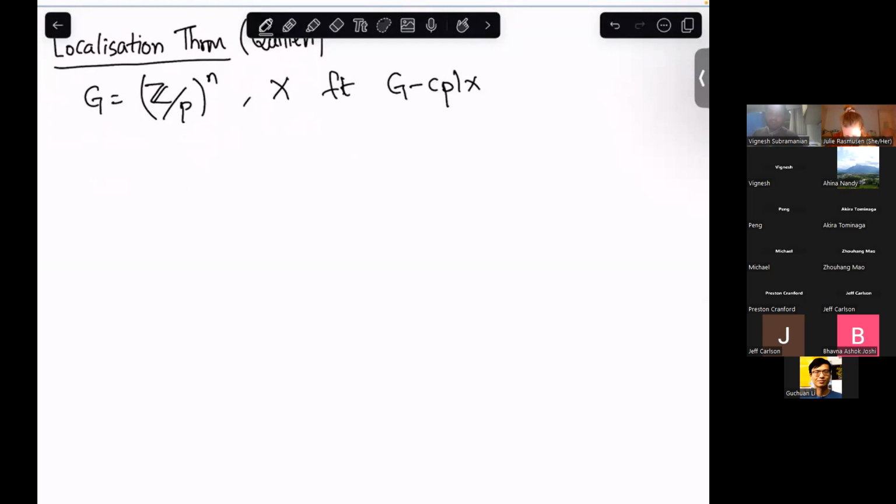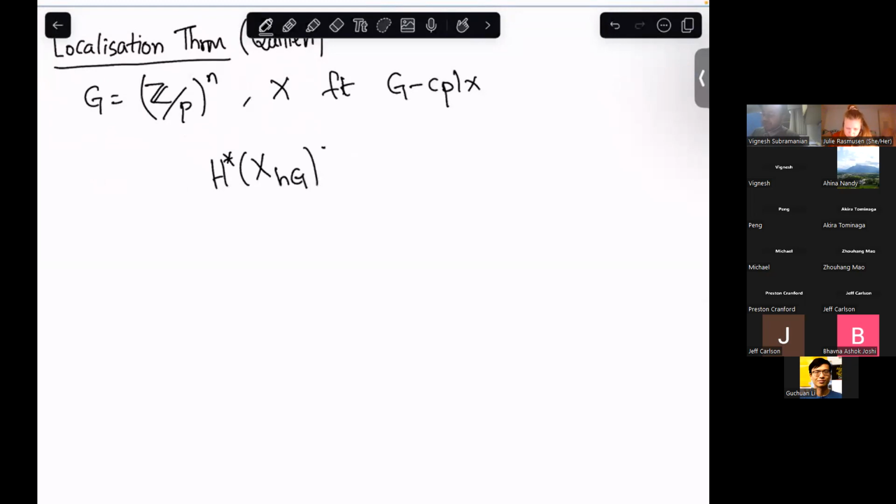So you can start with some information that is homotopical. That is, you can start with the cohomology of the homotopy quotient. This is invariant under homotopy.